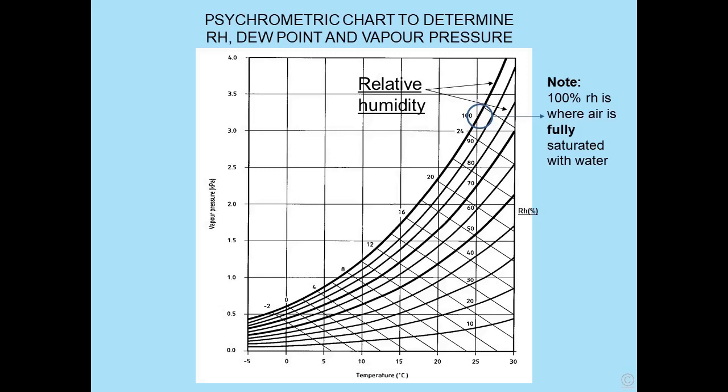So if we simply take temperature and humidity and look at this psychrometric chart, on the right scale is relative humidity and the bottom is the temperature. Note the 100% relative humidity line where the air is fully saturated with water.